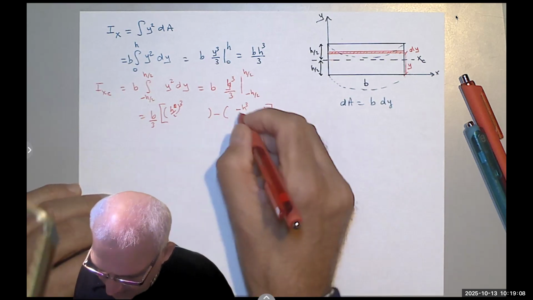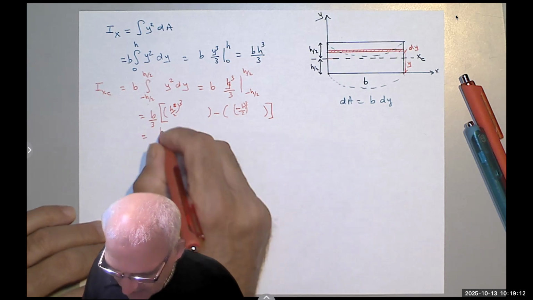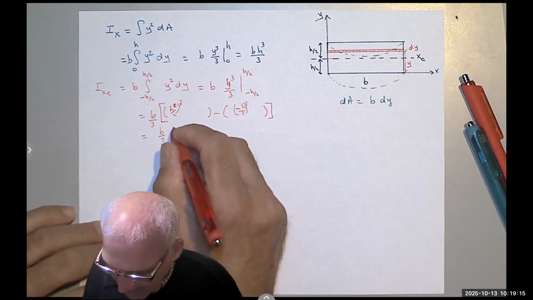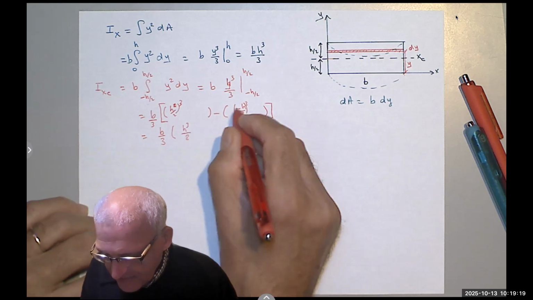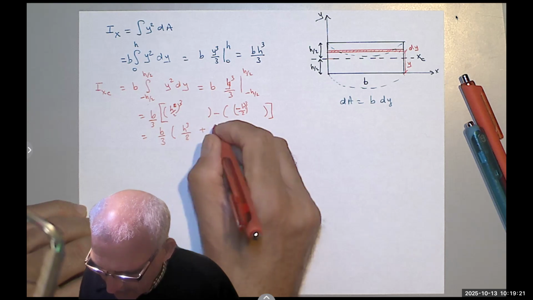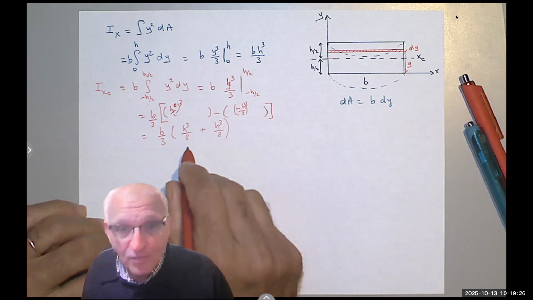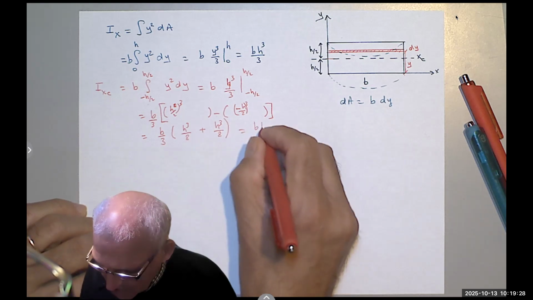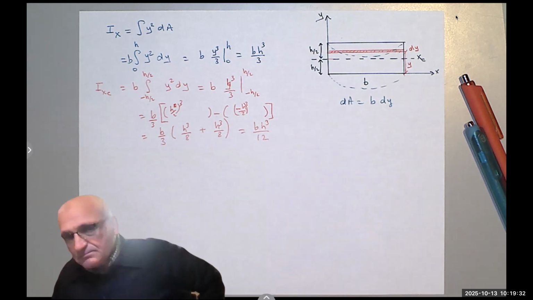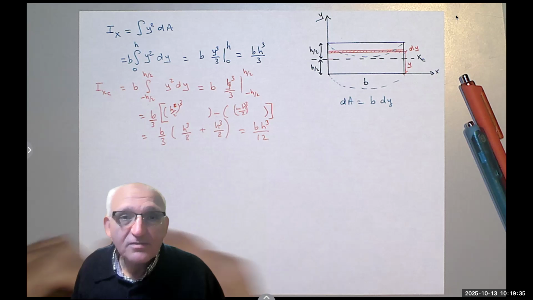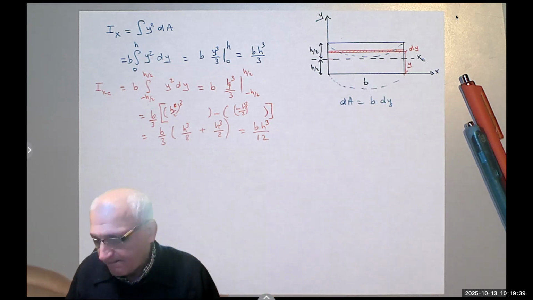So this would be b over 3 times h cubed over 8 minus negative h cubed over 8; negative times negative is positive, so plus h cubed over 8, which adds up to h cubed over 4. So you get b h cubed over 3 times 4, which is 12. And that's the smallest moment of inertia that this shape, or this area, has.